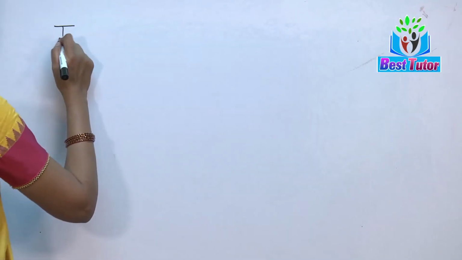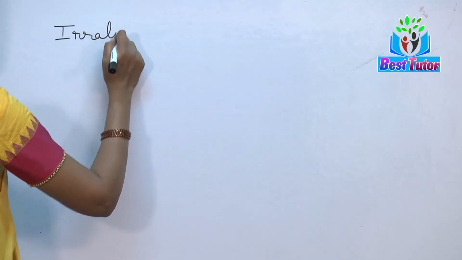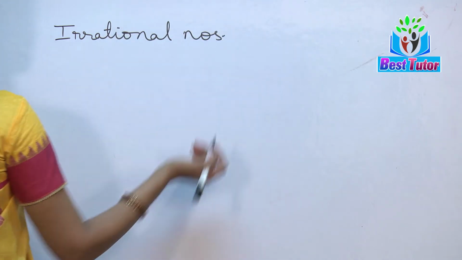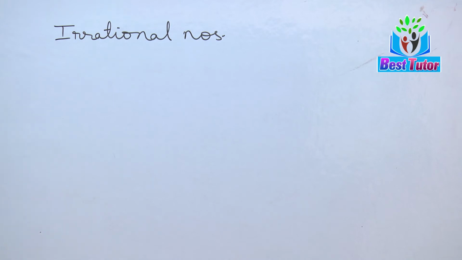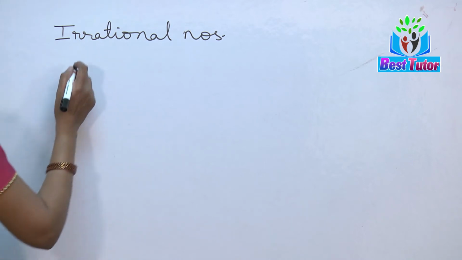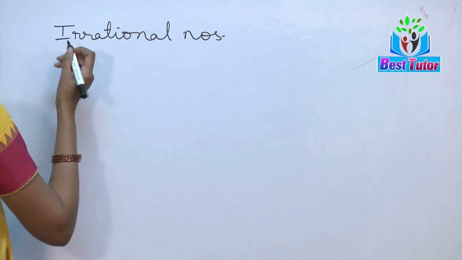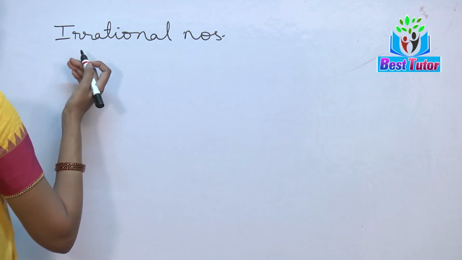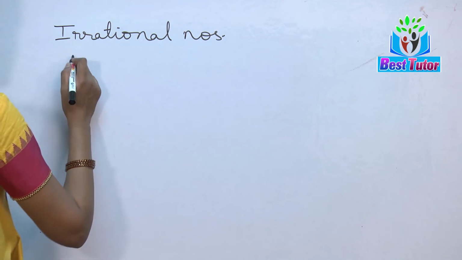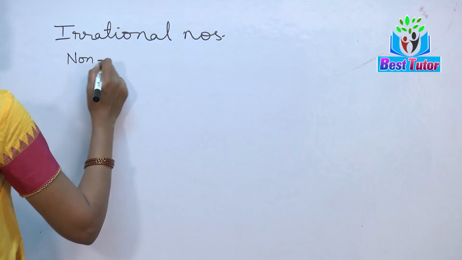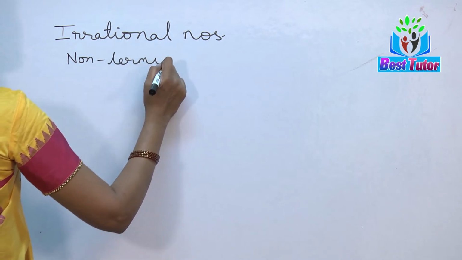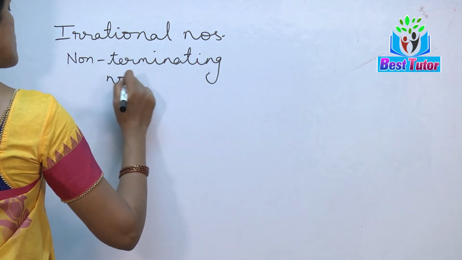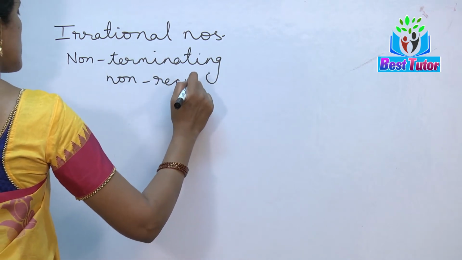So, we have already discussed rational numbers and we will move on to irrational numbers. The numbers which do not belong to the set of rational numbers are irrational numbers. We have already learned that terminating decimals and recurring decimals belong to rational numbers. Then what are the types of decimals that belong to irrational numbers? They are non-terminating and non-recurring decimals.